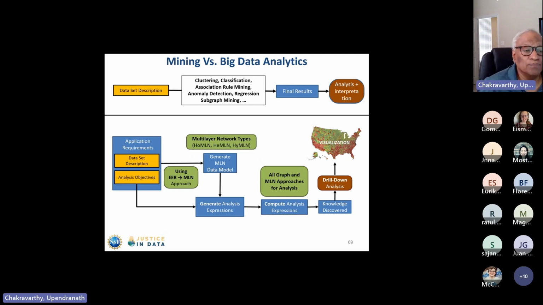Then you apply them and get the results. You want to do some drill down, for example, and then you want to visualize. So this is a life cycle of what we want to do for data, to understand it, analyze it, infer things, and do that. So this is a much larger process compared to mining.